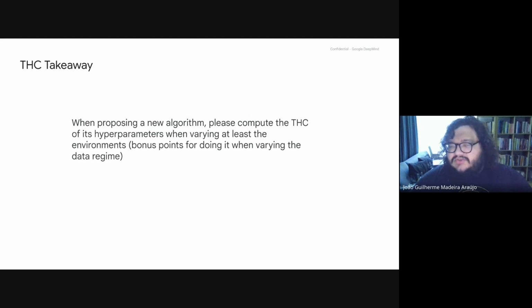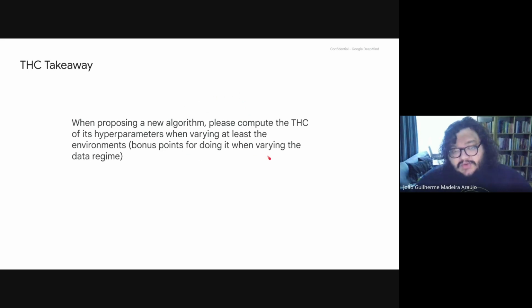They will need to tune something. It's very rare that we have an algorithm that's basically immune to hyperparameters. So please compute THC so at least we know which ones we have to pay the most attention to and which ones we can either ignore or only tune if we've already got improved performance across everything else, we need more, and we have the compute to do it.